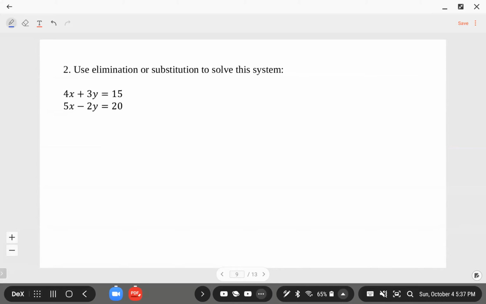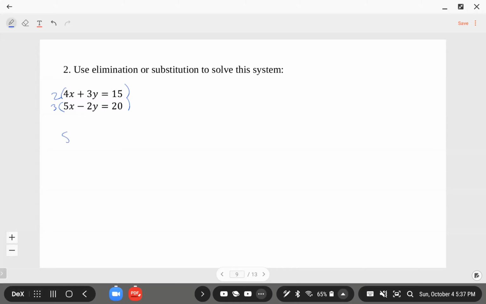So let's multiply this equation by 2, and this equation by 3. Now, not only can you add and subtract equations, you can also multiply and divide equations. So, let's try multiplying them.